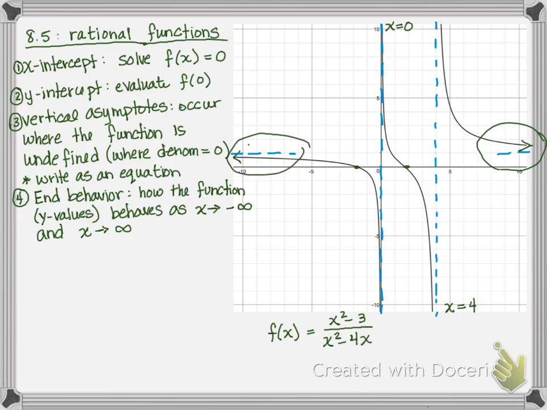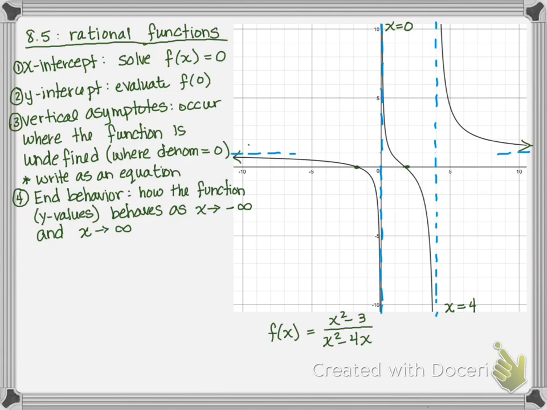So how this is different than listing it as domain and range, which is just in relation to the y-axis where it's located. If I looked at this graph, the range would be negative infinity to positive infinity, right? Because over here at x equals 4, the function goes all the way down to negative infinity.